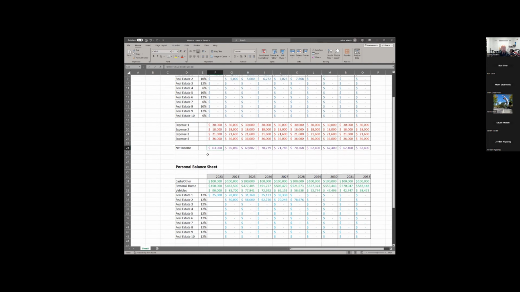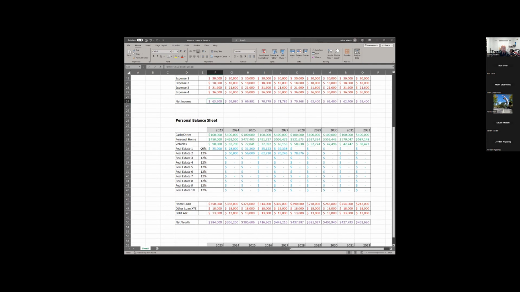And here's my rate of return. So on the balance sheet, I've just put 12% in for these real estate investments. Nothing fancy. I didn't go out on a limb and say, man, I'm going to do all 20%. I just did 12, right? You can put whatever you'd like in there.